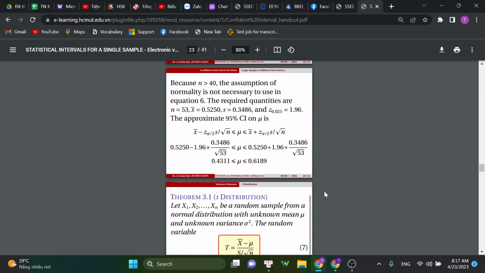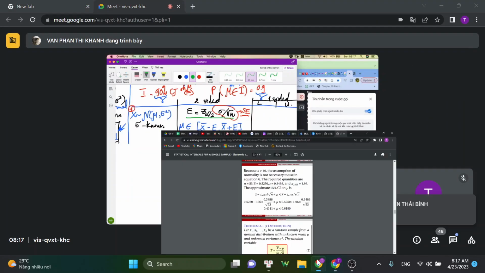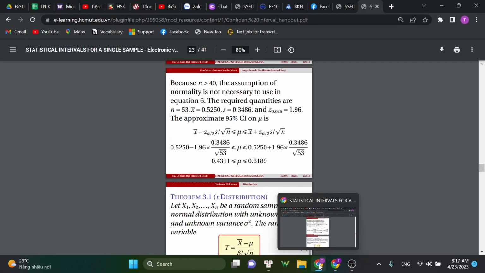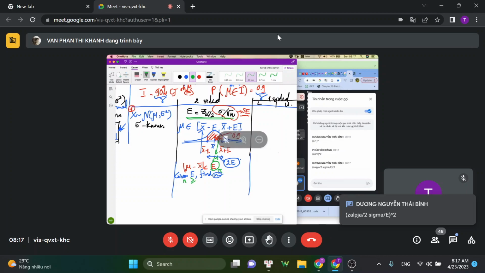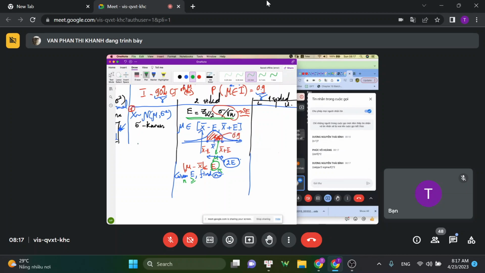From this formula, you can see what n is, right? You have that E, which is Z alpha over 2 sigma over square root of n, is less than or equal to a number. It means that you move square root of n to one side and E to the other side. So square root of n is greater than or equal to Z alpha over 2 sigma over E, right?